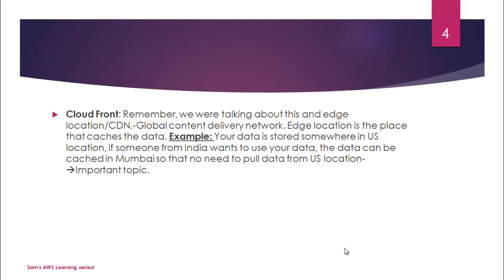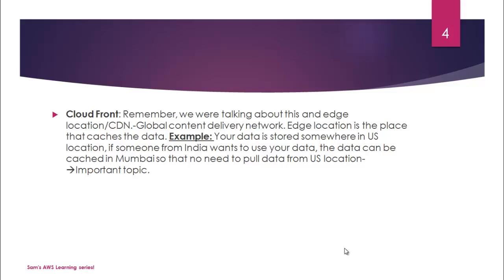And since the request has to travel this far, there will be network delay and network latency. So the best way is to cache this data somewhere in Mumbai, so that you don't need to reach the US location. Indian users can easily reach Mumbai, and the bandwidth will be very nice. There won't be any network latency.